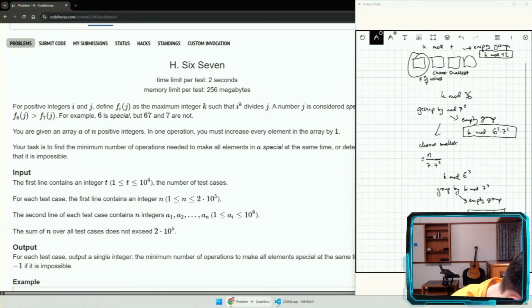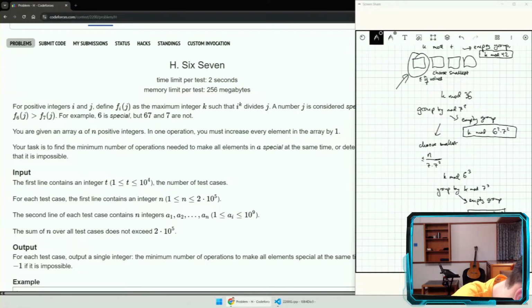So I think just the fact that I'm dividing into these groups sequentially. Wait, no, it doesn't work. Wait, what have I done? Because I can't just choose a mod 7 squared here, can I? If I've already forced myself to be in this chosen group.